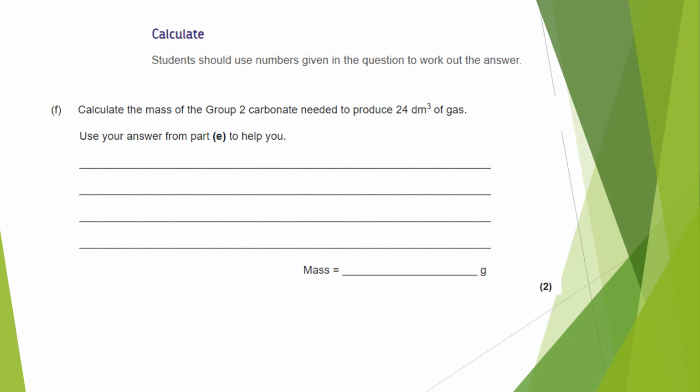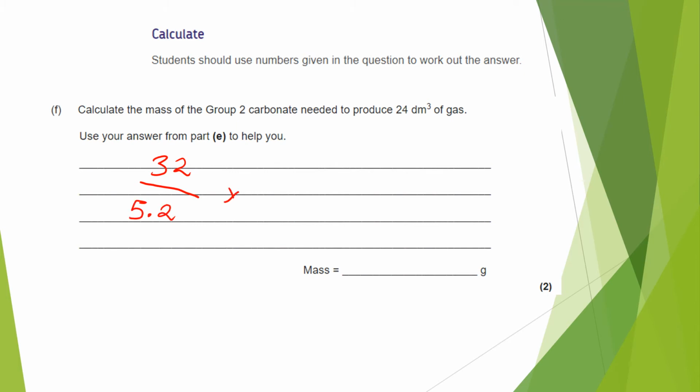In our last question, we saw that 5.2 decimeters cubed of gas needed 32 grams. So to work out what it would be for 24 decimeters cubed, we need to put that into a formula. So you could write 32, which was the number you worked out in the last question, in grams, divided by 5.2.